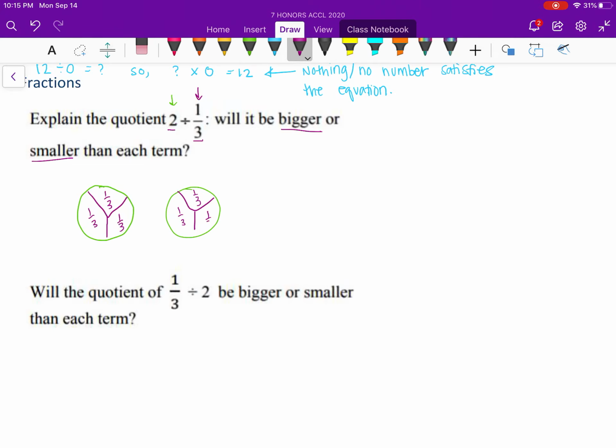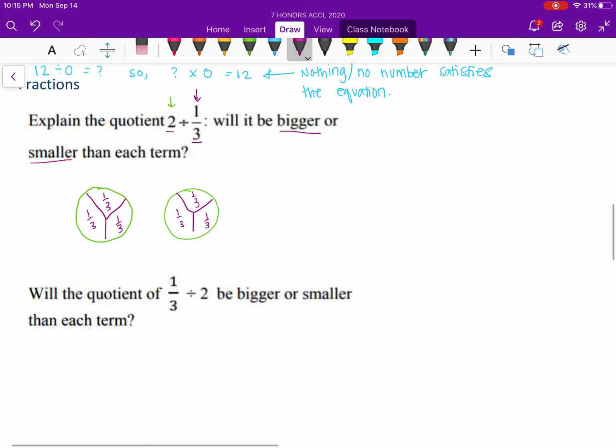We happen to have 2 cakes, but each piece is equivalent to 1/3 of the whole. So how many pieces total do we have? Well, we have 1, 2, 3, 4, 5, 6. So we have 6 third pieces. So 6 pieces that are the size of a third. So in this case, it would be bigger.